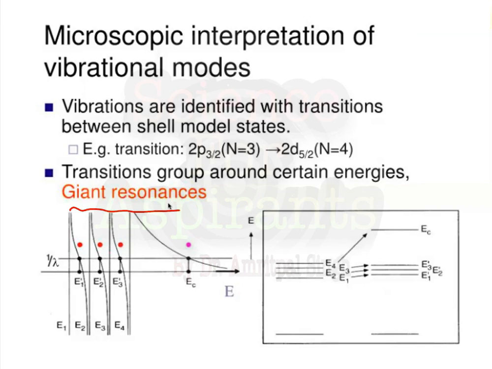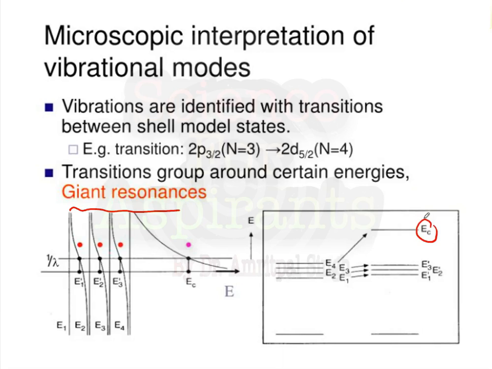Due to these giant resonances, there are different types of excited states, or different vibration modes, and based on these vibration modes, some nuclei have different energy compared to other nuclei.